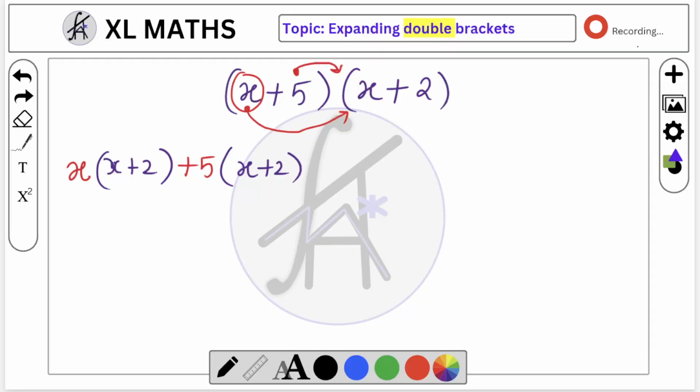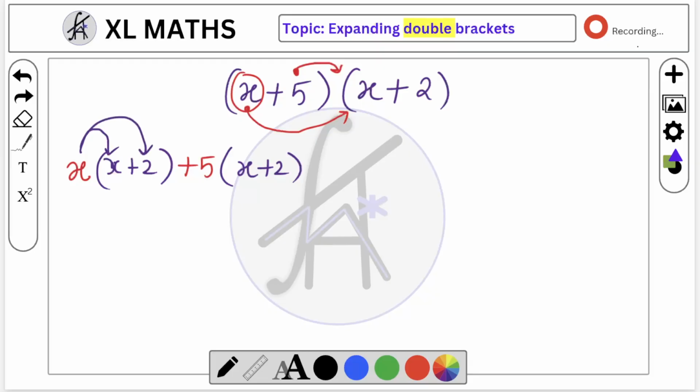Okay, here what happens? It's just a single bracket expansion that we already covered. So the description also has the links of how to expand single brackets. If you go through those videos, this is really going to be greatly helpful. So how do we do this? X times x and x times the other term, that is plus 2.